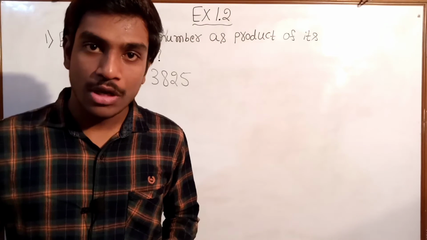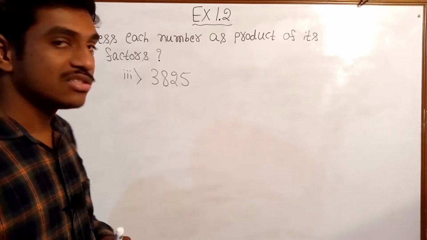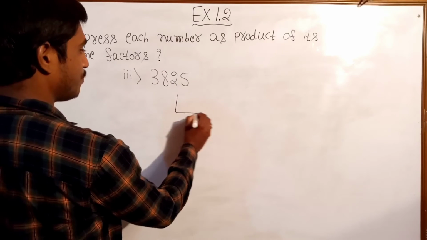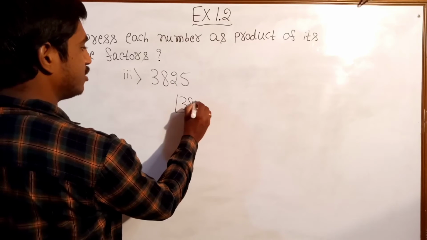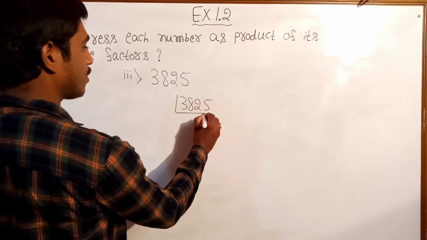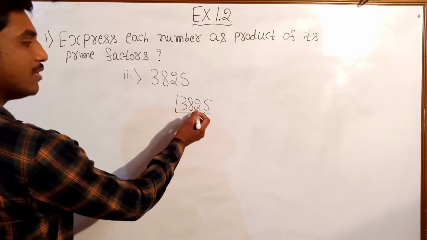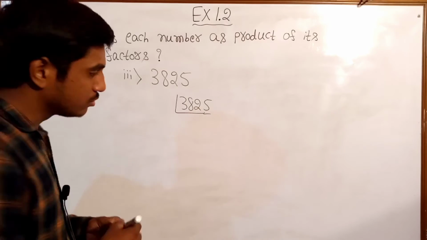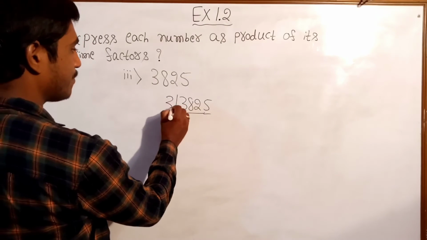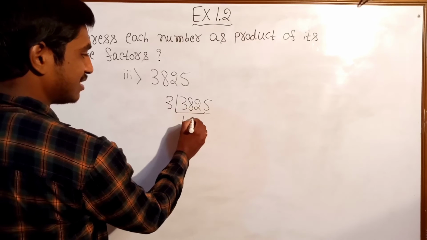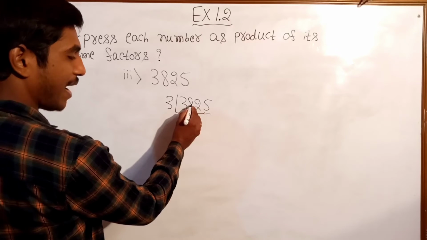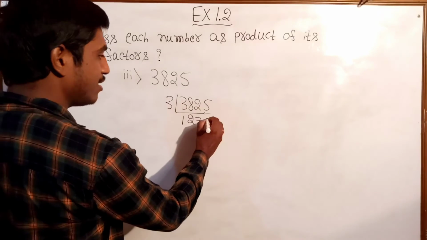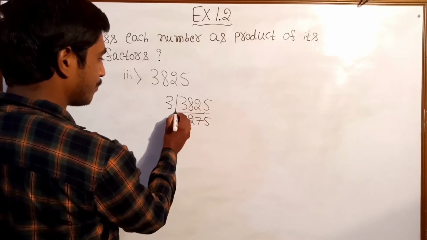Now we will solve the third question, which is 3825. We will follow the same procedure. 3825 is not an even number, so it is not divisible by 2. So we'll try the next number, 3. 3 ones are 3, 3 twos are 6, remainder is 2, 22, 3 sevens are 21, remainder is 1, 15, 3 fives are 15.